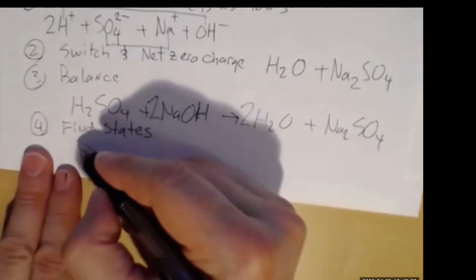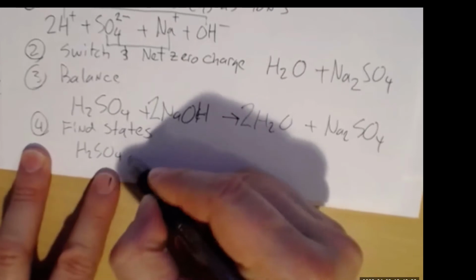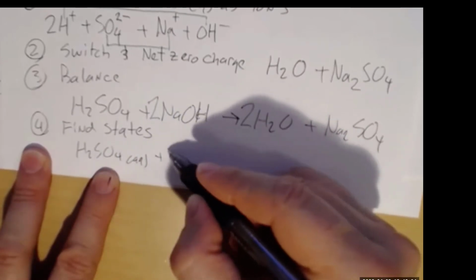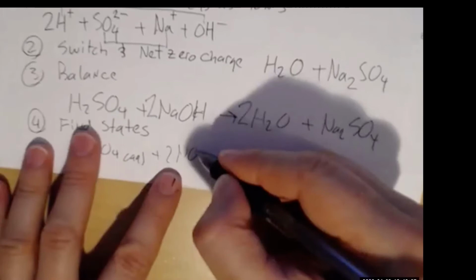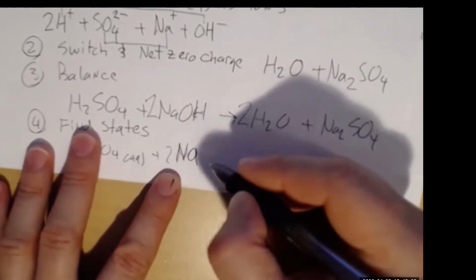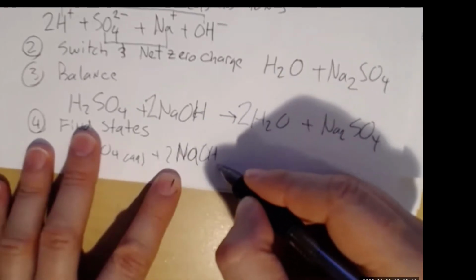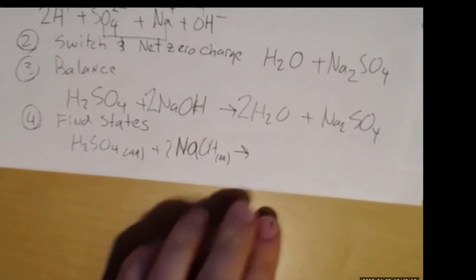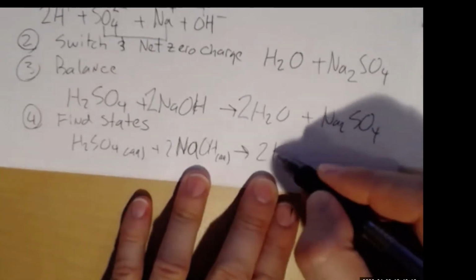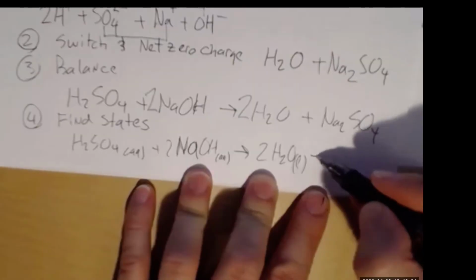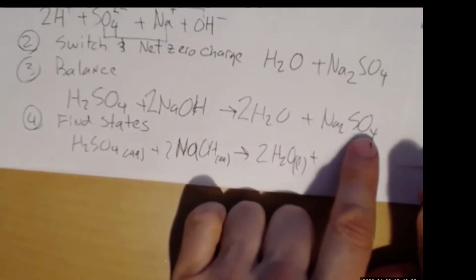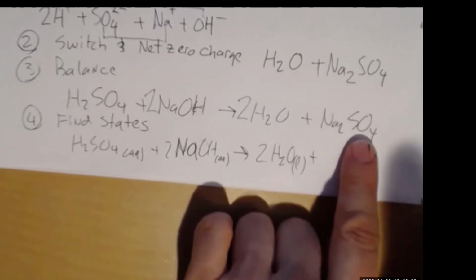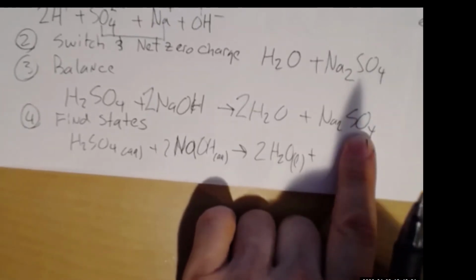Now find the states. So we know H2SO4 was aqueous, and NaOH was also aqueous, given to us. What about water? What's the state of water going to be? A liquid. Good. Water is always a liquid. And we'd have to look at a solubility table. Sulfate's usually soluble unless it's with silver, calcium, lead.